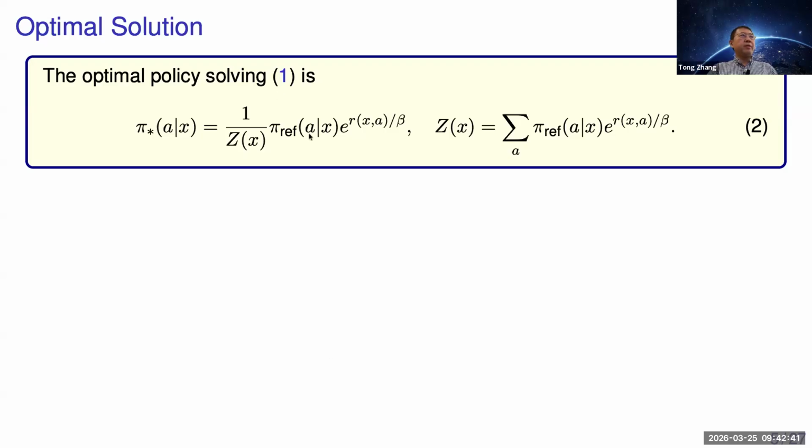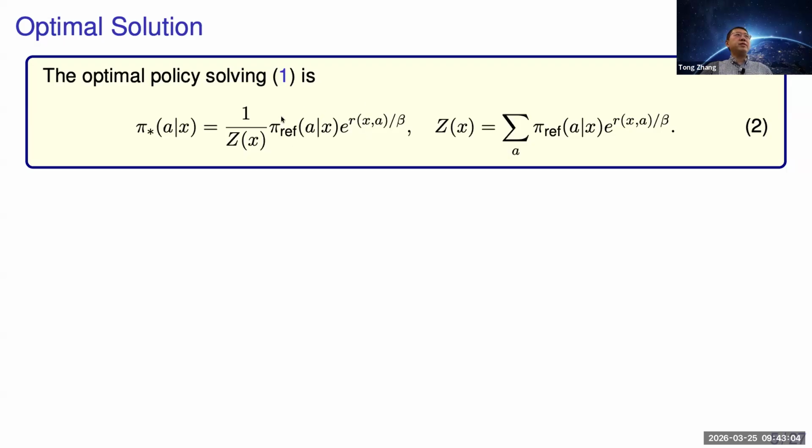So what does this say? Pi is proportional to your pi_ref, but weighted by your reward divided by beta, so it's exponential. A larger reward should have a larger probability.